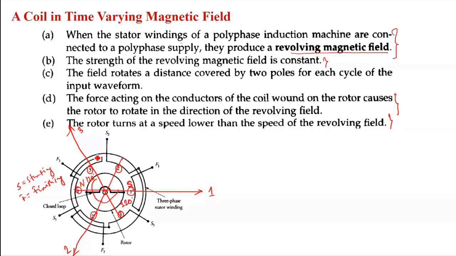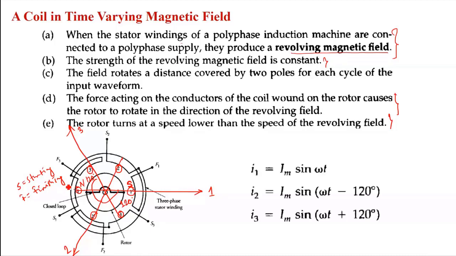This is the condition that the windings should be distributed, or else they cannot produce a revolving field. So now the winding is distributed 120 degree apart, right?